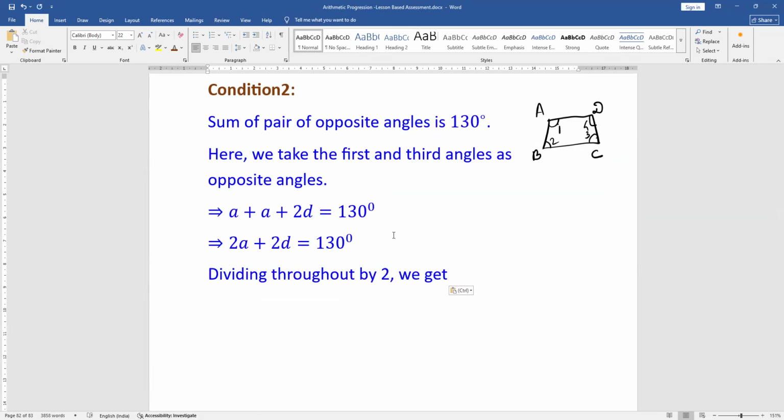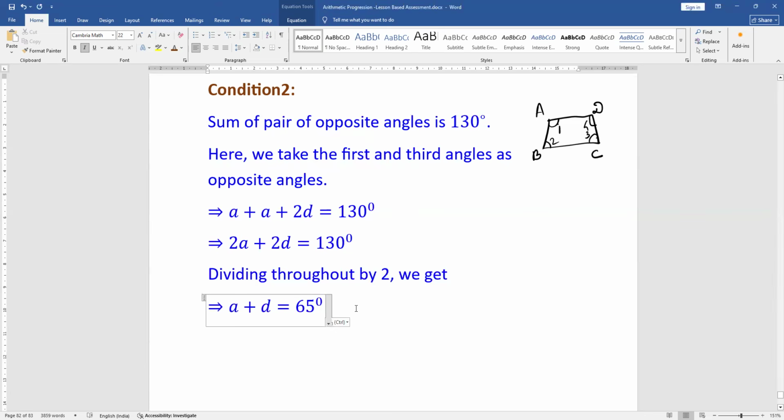Dividing throughout by 2, we get, so now what do I write in my next step? 2A by 2 is how much? A plus 2D by 2 is D equals 130 divided by 2, how many times? 65 times. So write 65 degree.